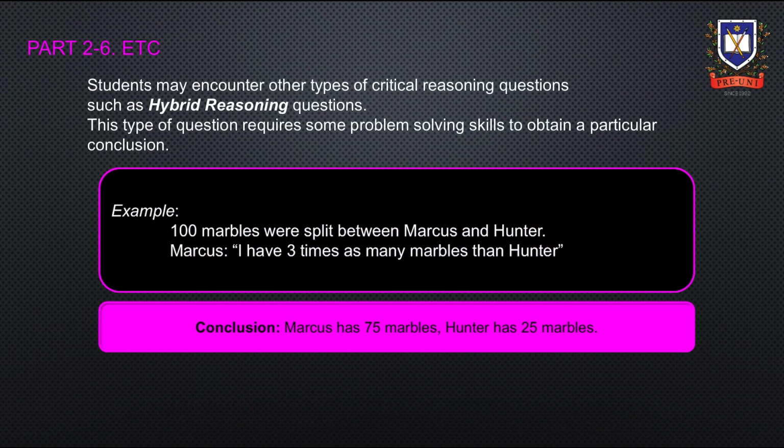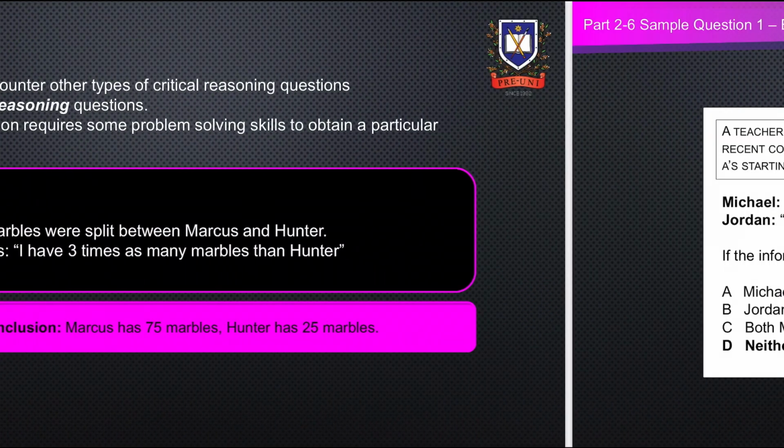Marcus says, "I have 3 times as many marbles as Hunter." This type of question requires some problem-solving skills to obtain a particular conclusion. By first using our problem-solving skills, we can solve this question by dividing the 100 marbles by 4 and deduce the conclusion that Marcus must have 75 marbles and Hunter has 25 marbles.